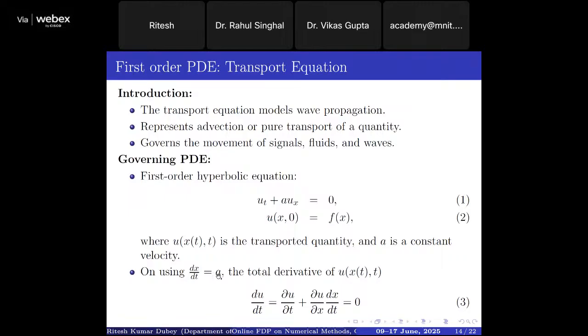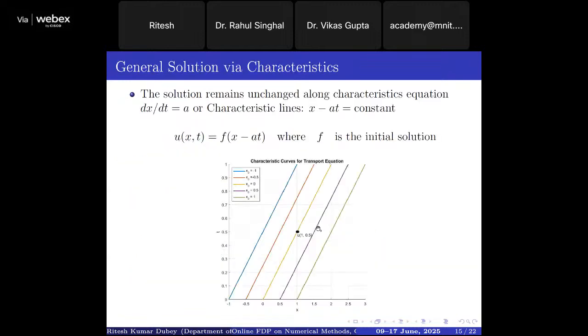And if you put dx by dt equal to a, then your total derivative expression is nothing but the original equation 1, so it has to be equal to 0. So what it shows is that if you take dx by dt equal to a, then your solution will remain constant. Or you can say it a bit more aesthetically: the solution remains unchanged along the characteristic equation, that is dx by dt equal to a, or the characteristic line x minus at equal to constant if you integrate it.